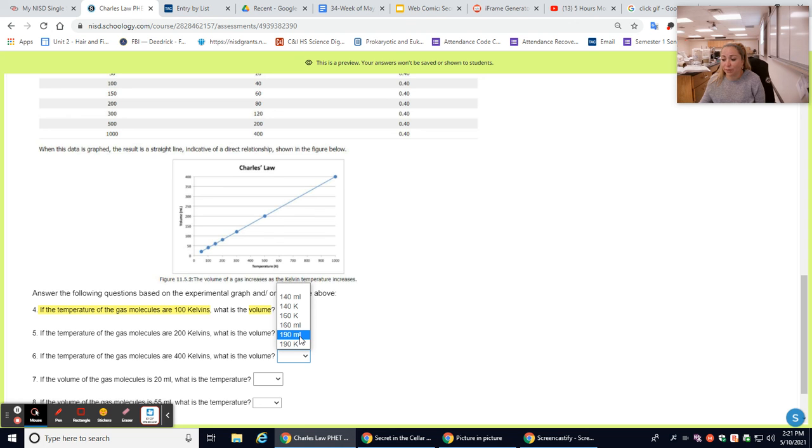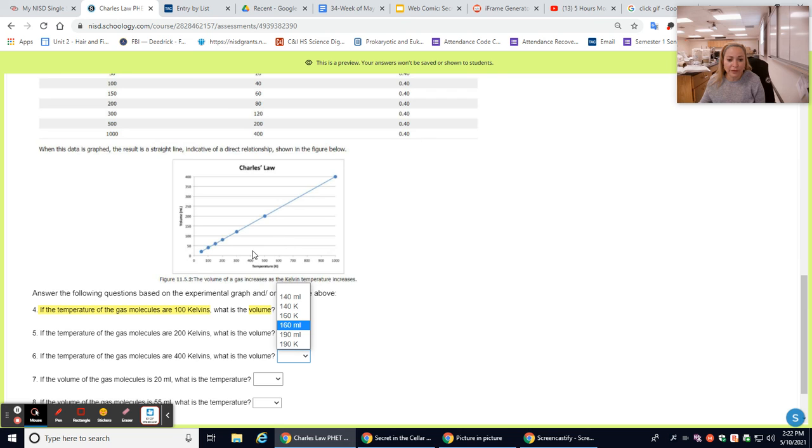So what's the best answer on this one? Let me try to remember this one, because it's 400. It should be a little bit more than half or less than half.